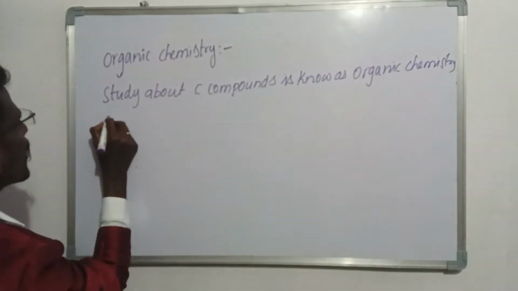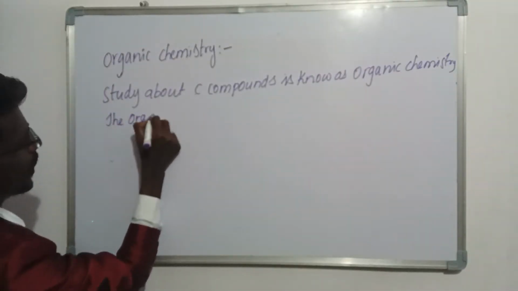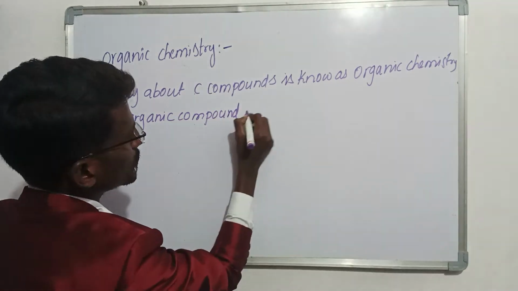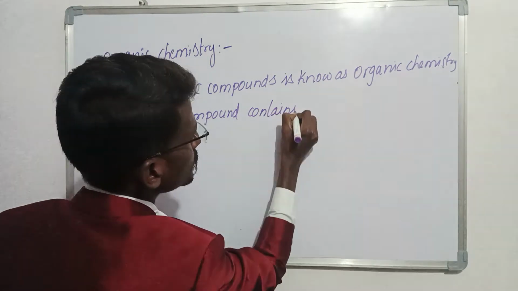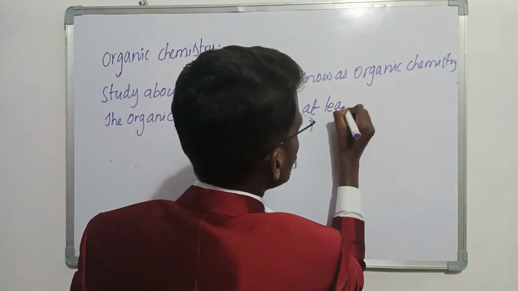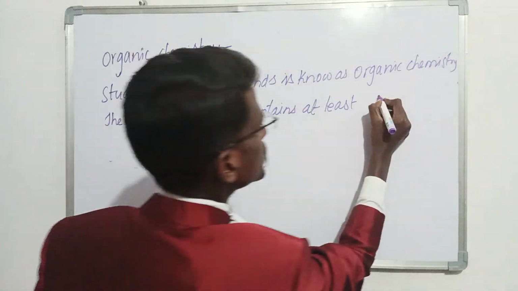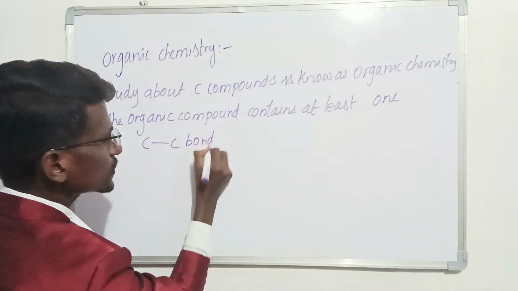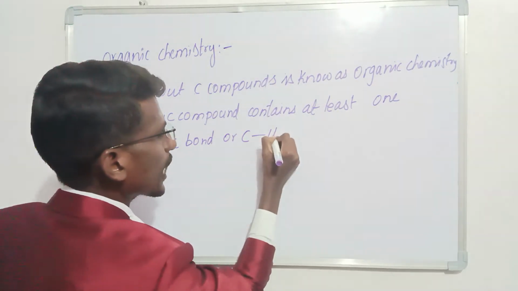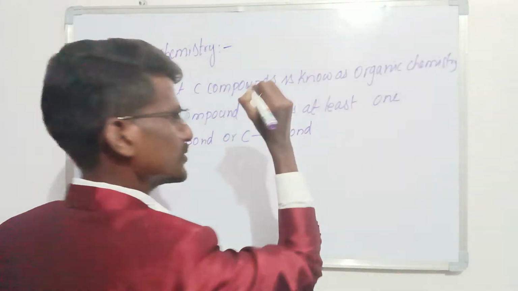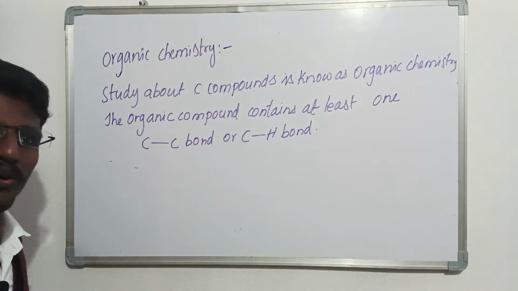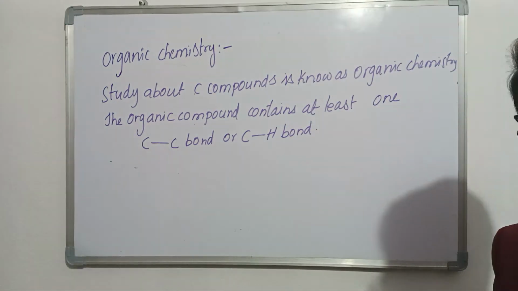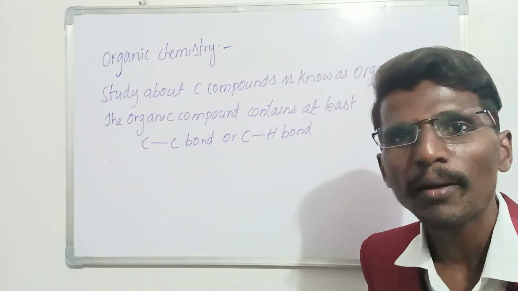And the organic compounds contain at least one carbon-carbon bond or carbon-hydrogen bond. That means the organic compound exists with at least one carbon-carbon bond or carbon-hydrogen bond.